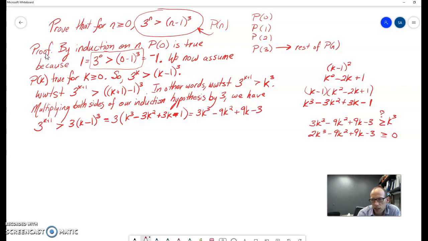Well, there's a couple ways we could reason it. One, we could put it into Desmos and see what the graph of this does. Let's do this. Let's divide by k cubed.